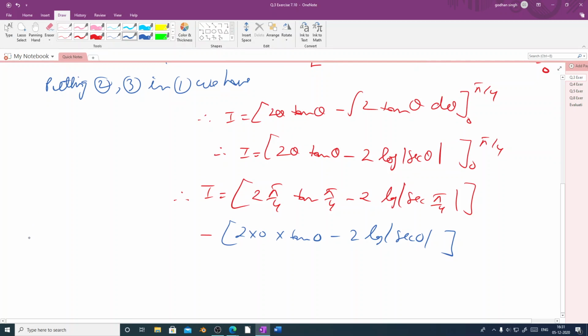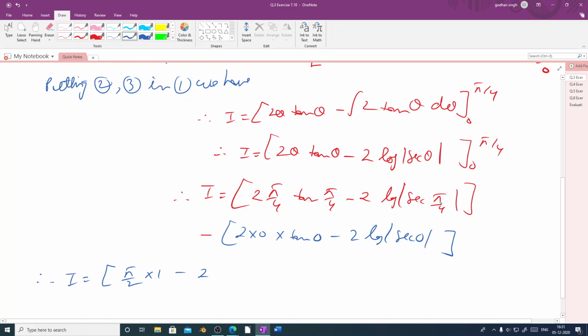So therefore what we are going to get is I equal to pi by 2, tan pi by 4 is 1, so pi by 2 into 1 minus 2 log sec pi by 4.